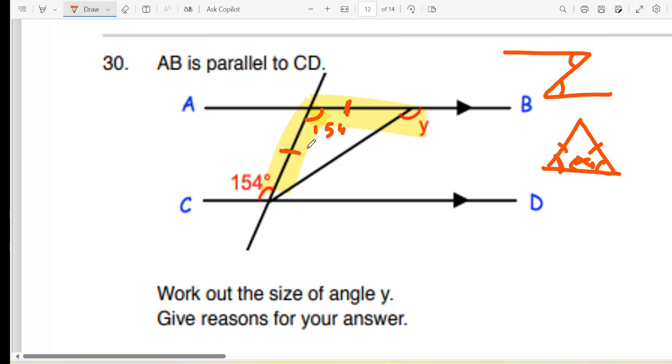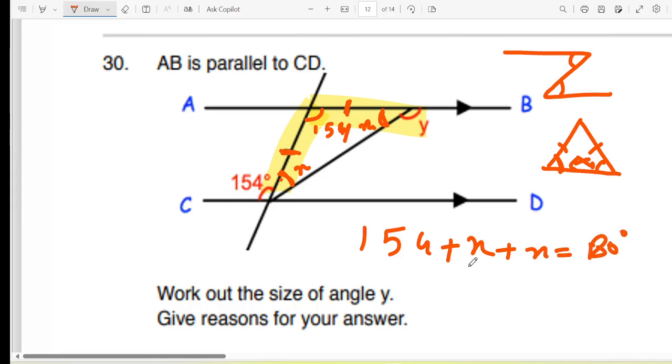So if these two sides are equal, opposite to this side we have this angle, opposite to this side we have this angle. They are also equal. Suppose this is x, this is x. The sum of the interior angles in a triangle is 180. So 154 plus x plus this x equals 180 degrees, right?